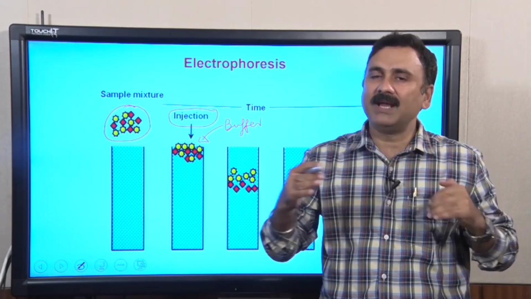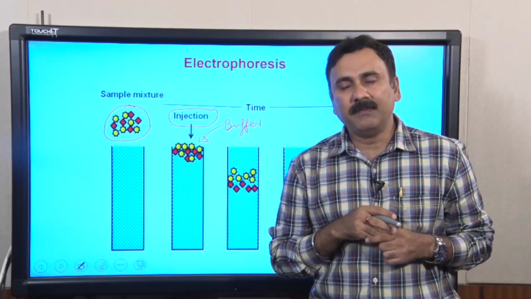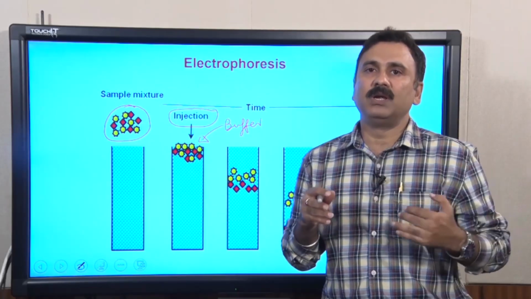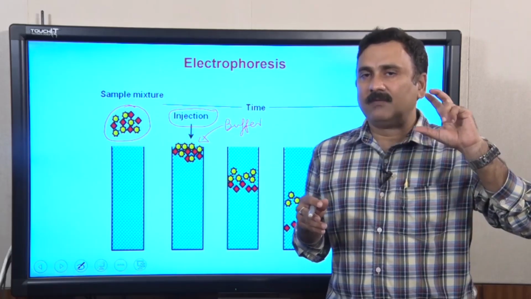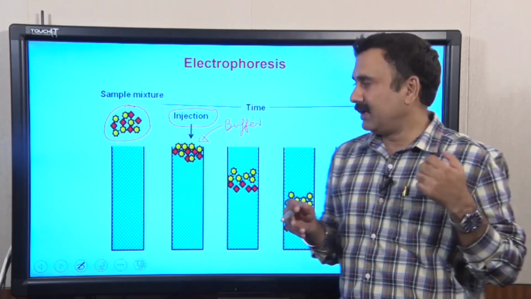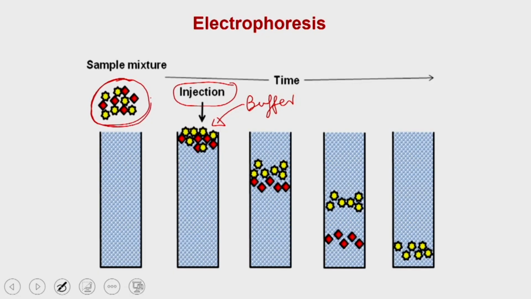They get immobilized onto different planes within the column, and that is how you get the purification done. Whereas, in the case of electrophoresis, what you are going to do is take the mixture of sample.